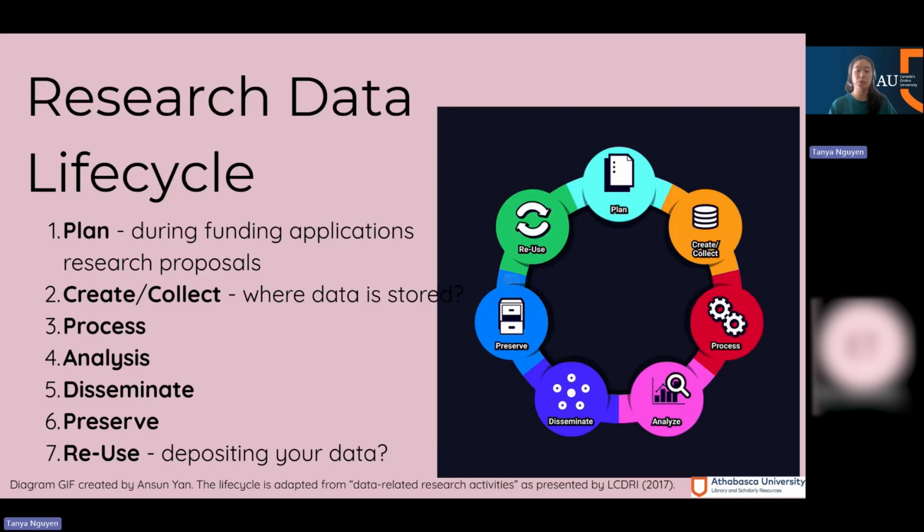And finally, the preserve and reuse stages ensure that your data is stored for the long term and can be accessed for future research from other researchers. So at that point, you're considering where you're going to deposit your data for reuse. You'll notice when we look at one of the DMP templates, they will try to guide you in answering these RDM phases in the life cycle.